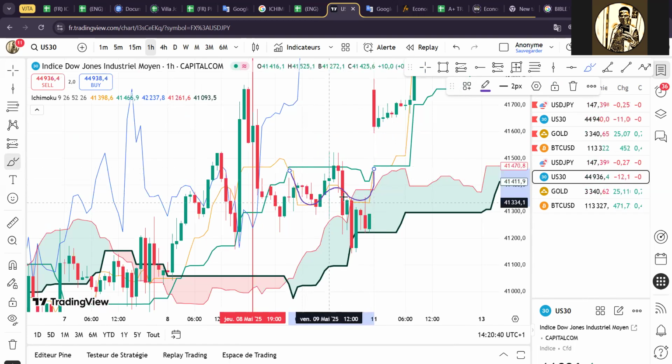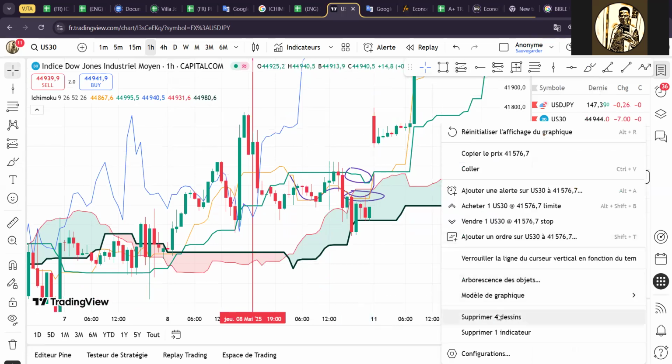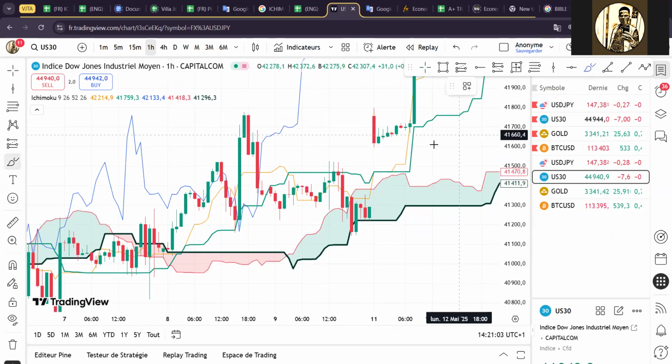When Tenkan touches the cloud here, Kijun is above the cloud, proving that the upward trend is still strong, right? That's also a correction. And at this level, you can literally just enter, at this candle, yes.